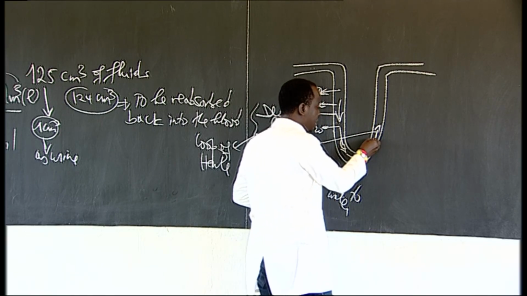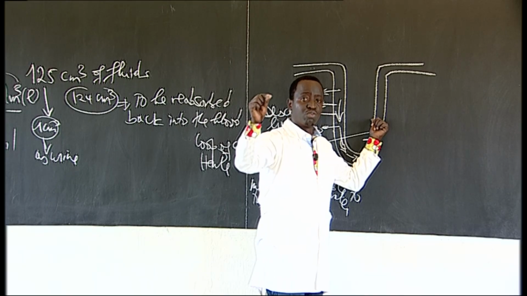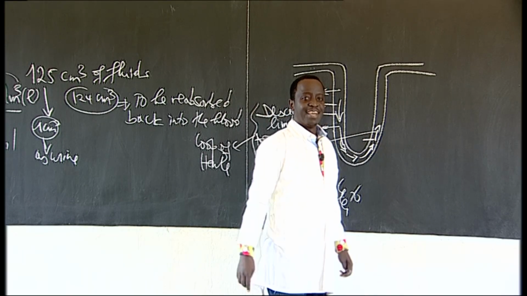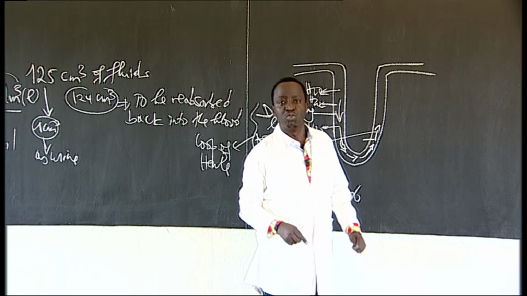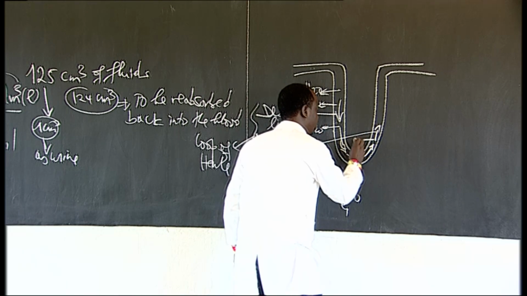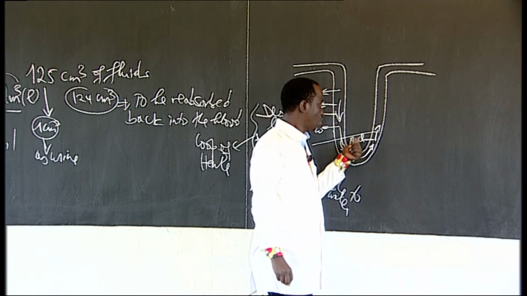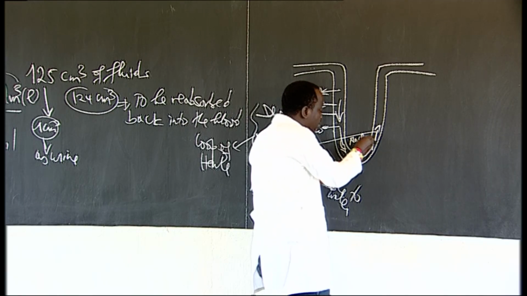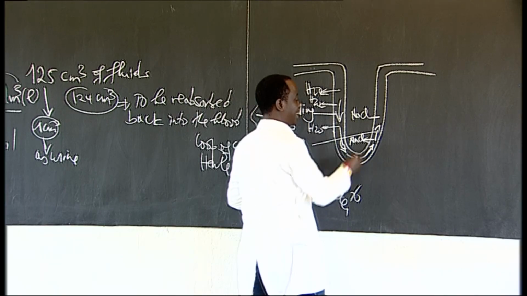So what's going to happen here? Because it is permeable to salt, the salts are going to be removed. Some ions are going to be pumped out. It is NaCl, sodium chloride, a salt. It is removed.